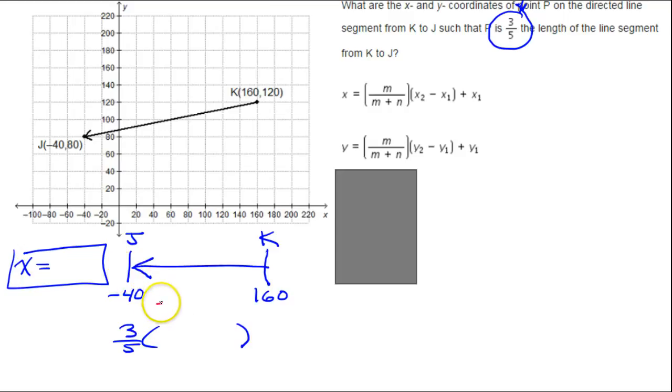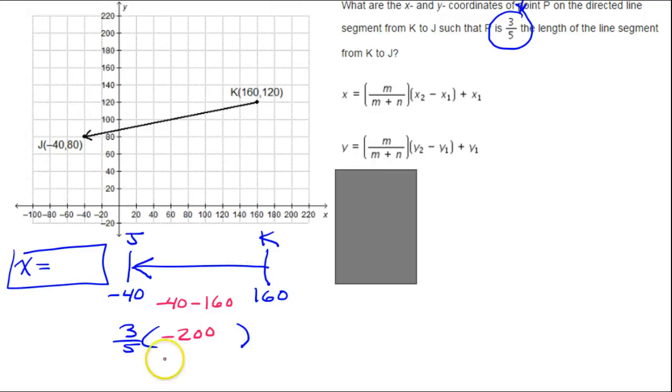So we're going to do -40 minus 160. If they print the formula right there for you, use it. The second one minus the first one, -40 minus 160. So that's going to be -200.